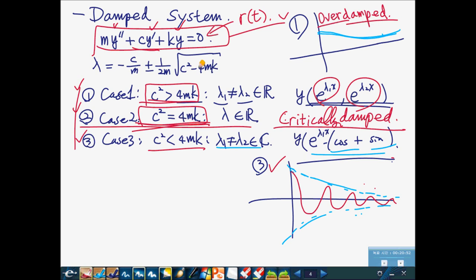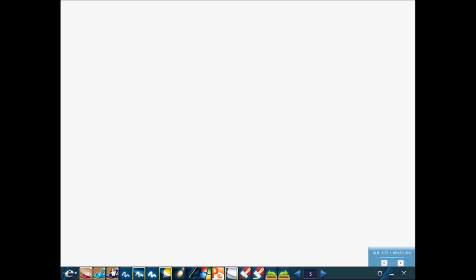그죠? 자, 그럼 이제 하나 더 나가서, 난 호모지니어스 케이스. 그게 어떻게 되는가를 보죠. So, let's say you have this spring, this mass, and that damper.